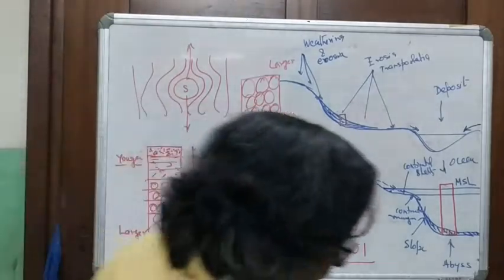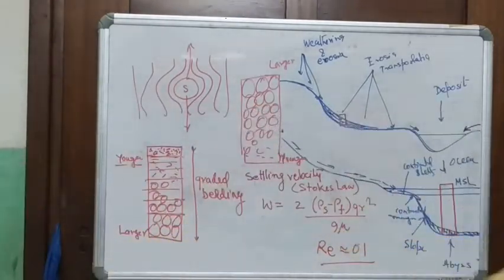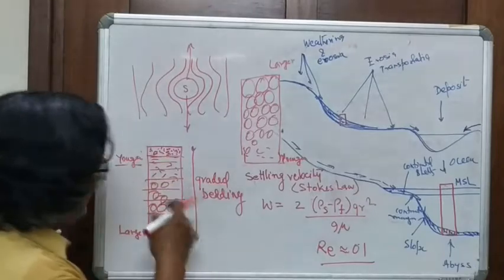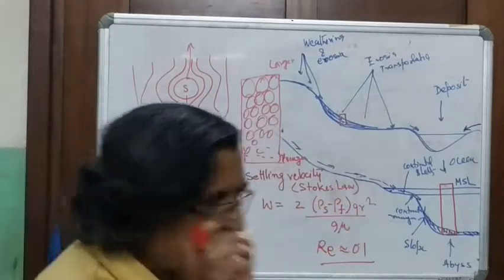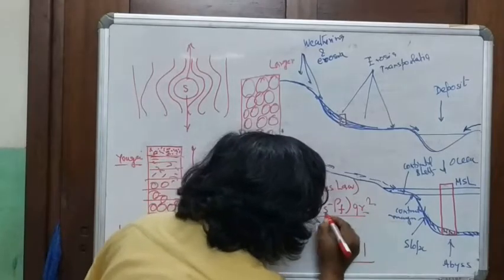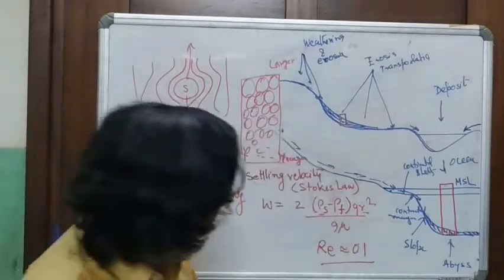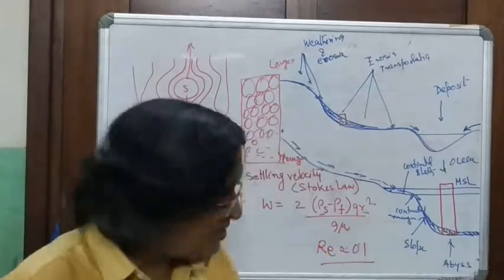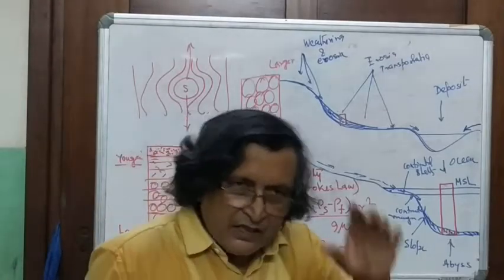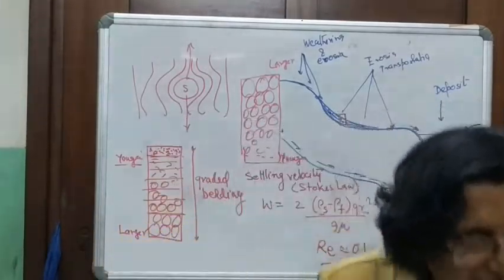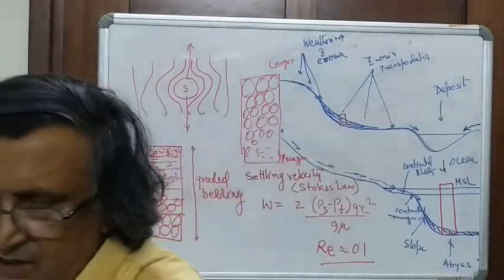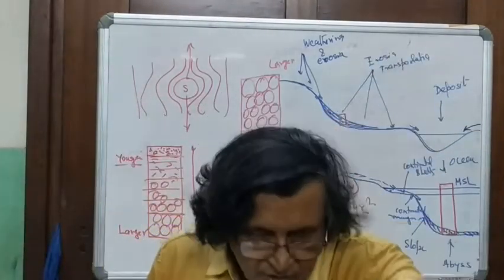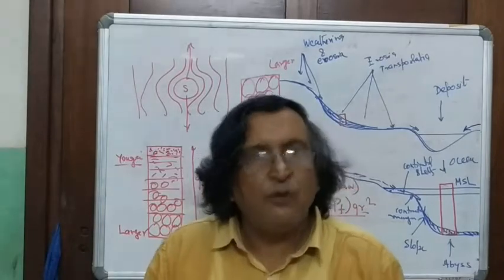So this is one thing, about the settling velocity. Now, on the other hand, you can imagine, if you take sediments of the same radius but of different densities, then those minerals having the higher density will settle faster, and those with the smaller densities will settle later. So what will happen?